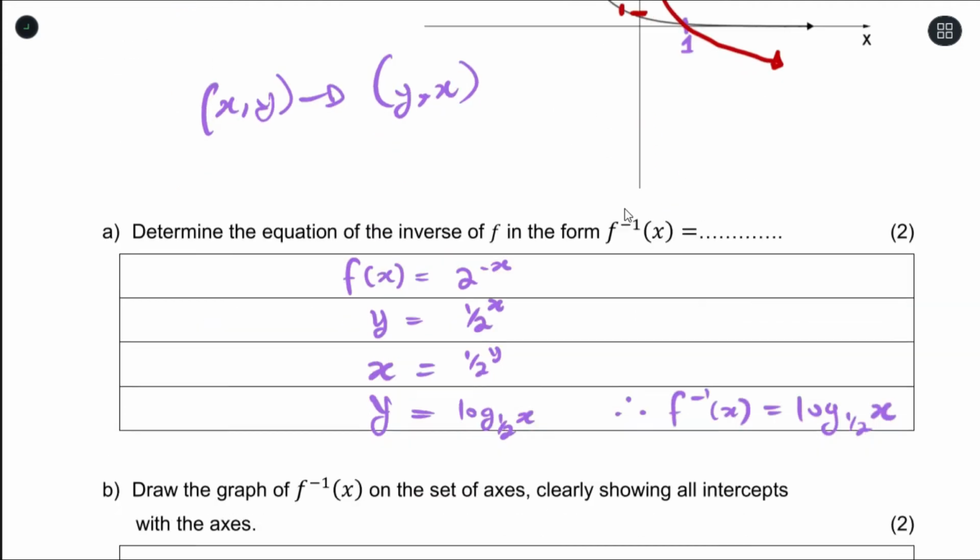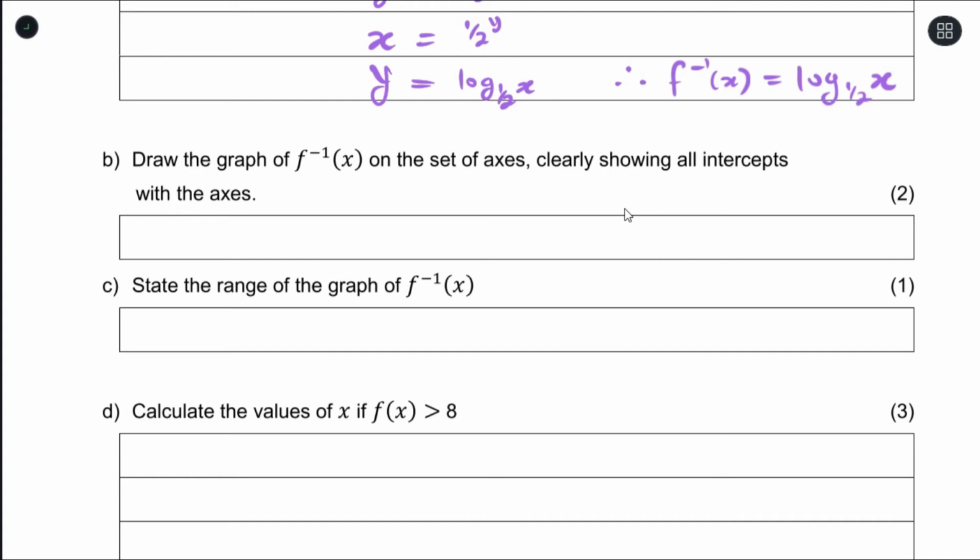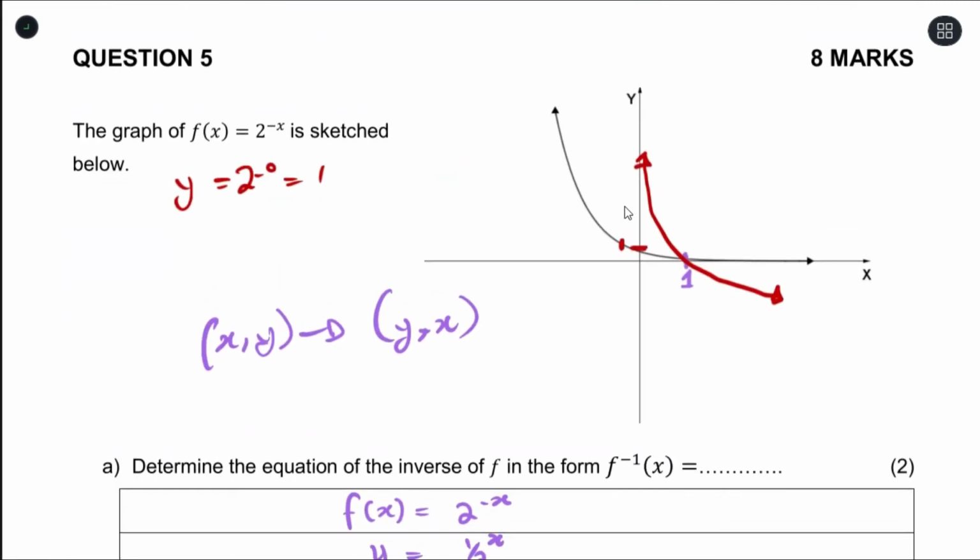Now, the next question tells us to find the range of the inverse. Looking at our inverse graph, to find our range, we need to figure out all the possible values for y. Since our graph is starting from positive infinity, we know that because it's moving in that direction.